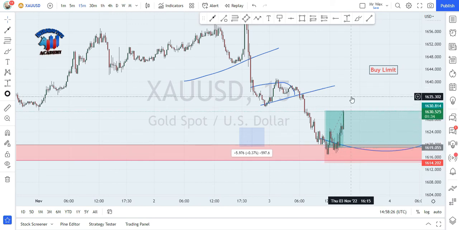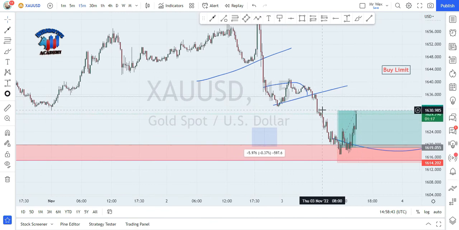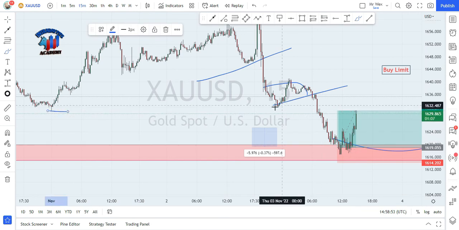This time around, this is around the volume time. This is New York time, almost getting to when we are going to be experiencing London close. So volume came in and pushed price all the way to take profit. The reason for take profit, you can see this wick right here is the reference point. This is a breaking structure.